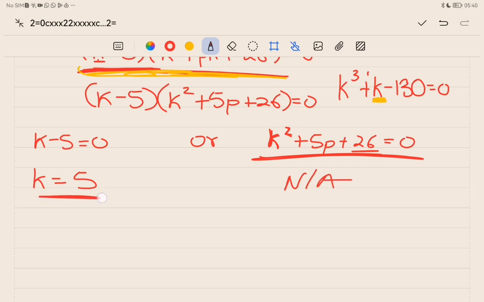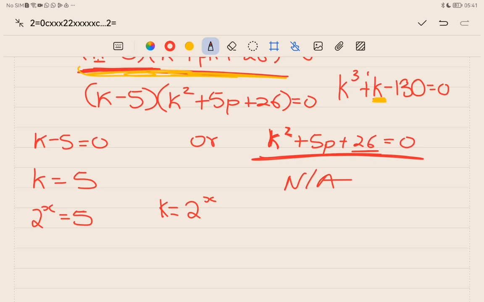Then now we focus here. But k is not our final answer. We need to solve for x. So we need to remember that k is equal to 2 to the exponent x. So we're going to put this back. But how to solve this?